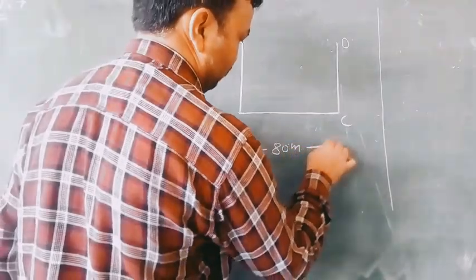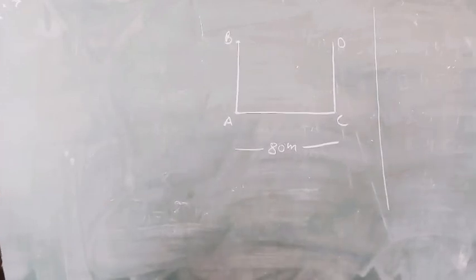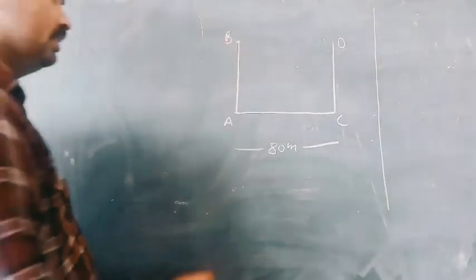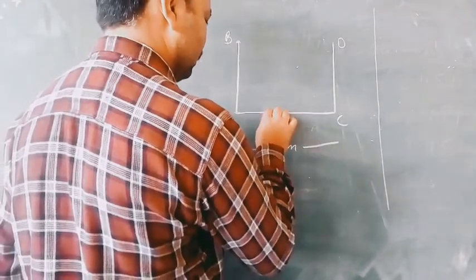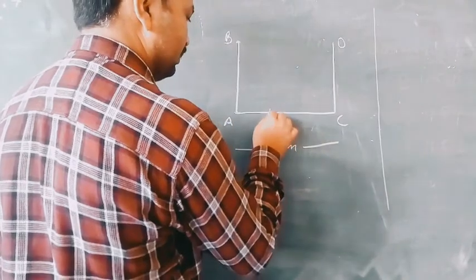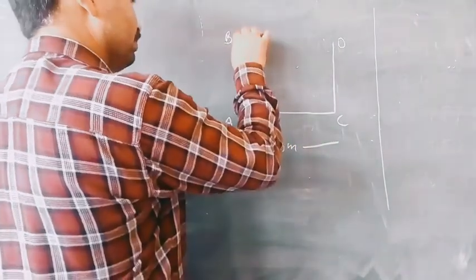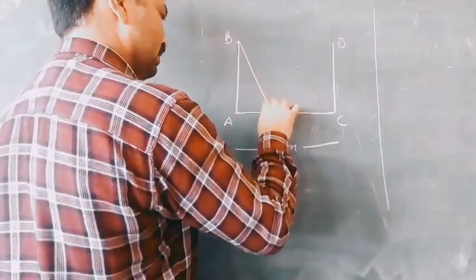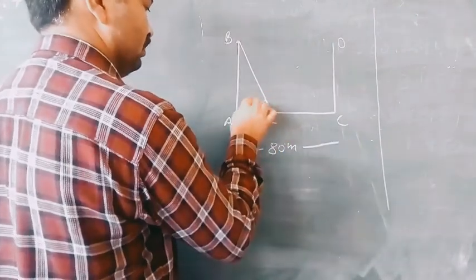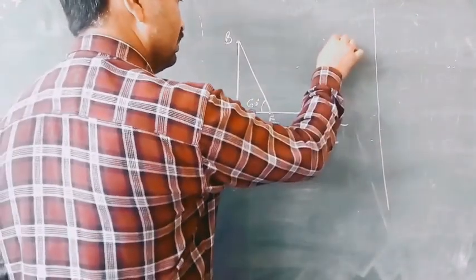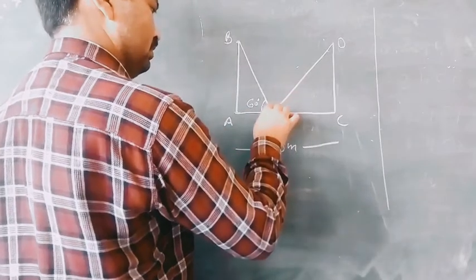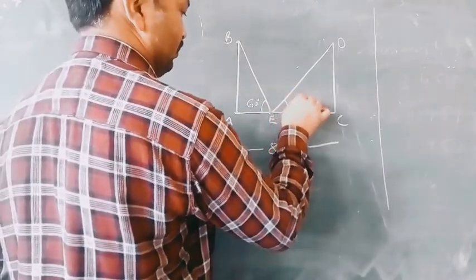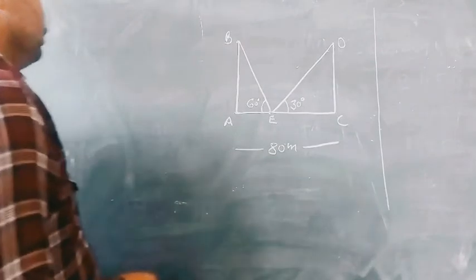This road is given 80 meter. Let this point be E, and the angles of elevation are 60 degree and 30 degree. Let us solve it now.